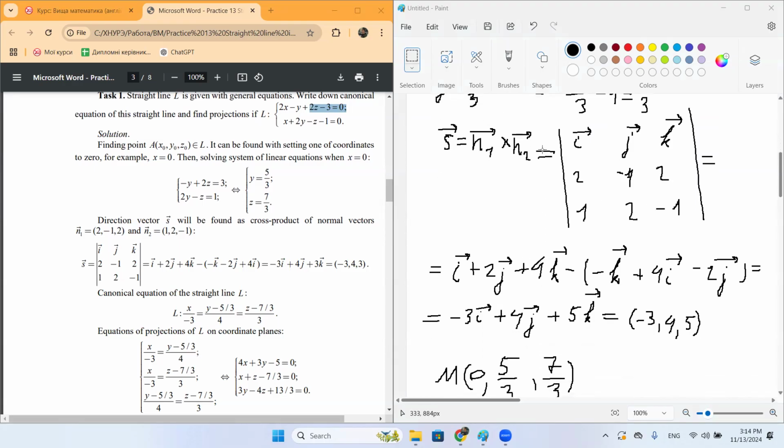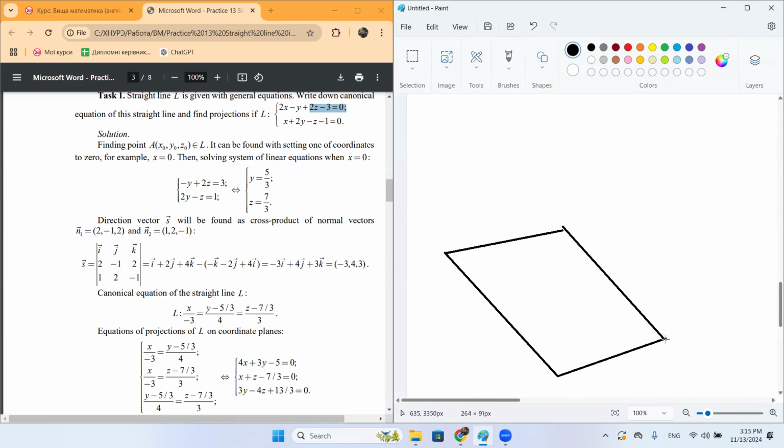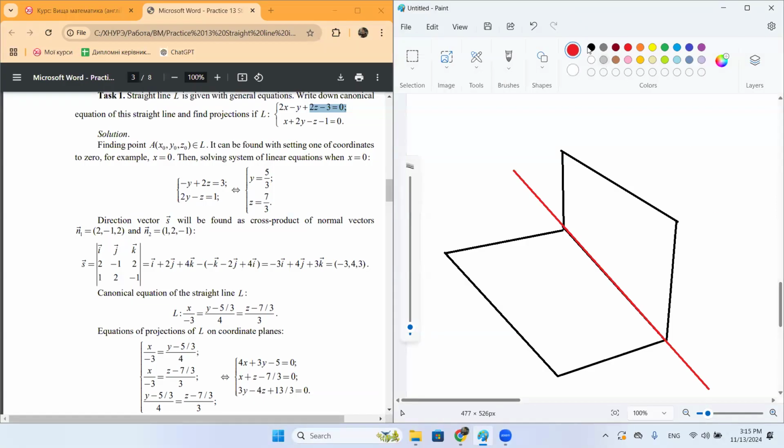I forgot what the normal vectors are. Okay, let me draw it. So normal vectors. So two planes, and they are intersecting by a straight line.